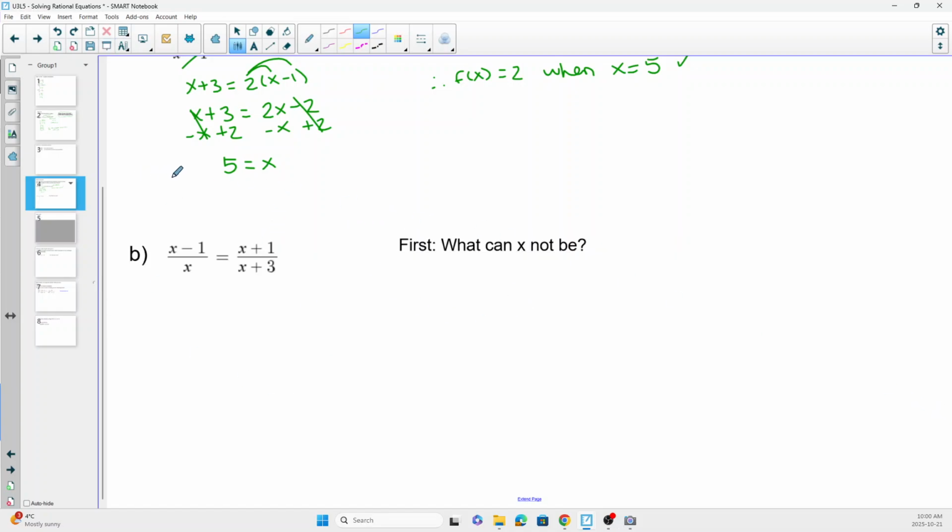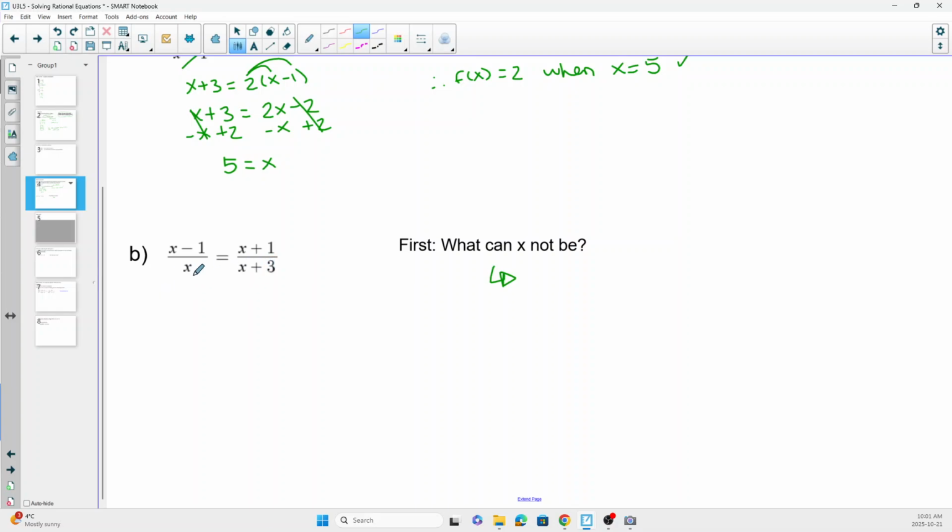Okay, so here we have a couple restrictions. We have this equation, and ultimately what we're trying to figure out is, when does this function equal this function? So we have two restrictions here, because we can't divide by 0 on either side. This function can never have a denominator of 0, but this function can also never have a denominator of 0.